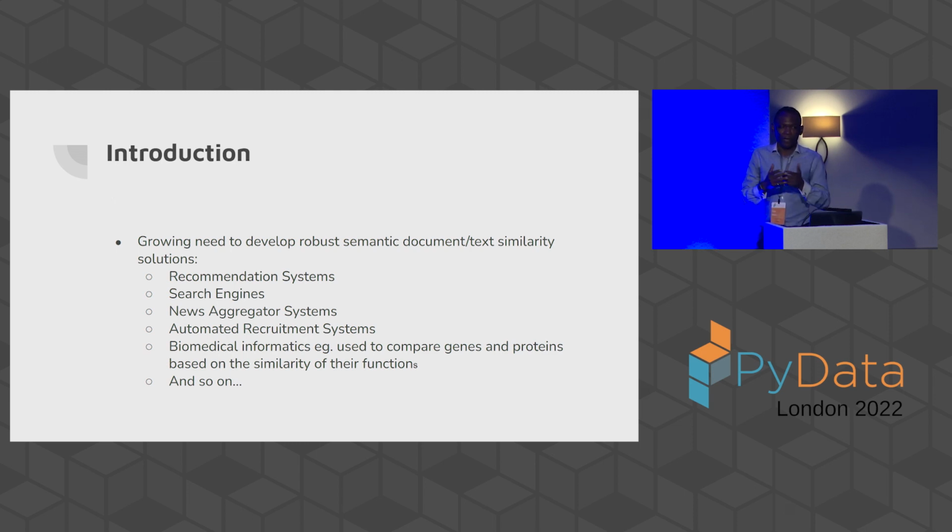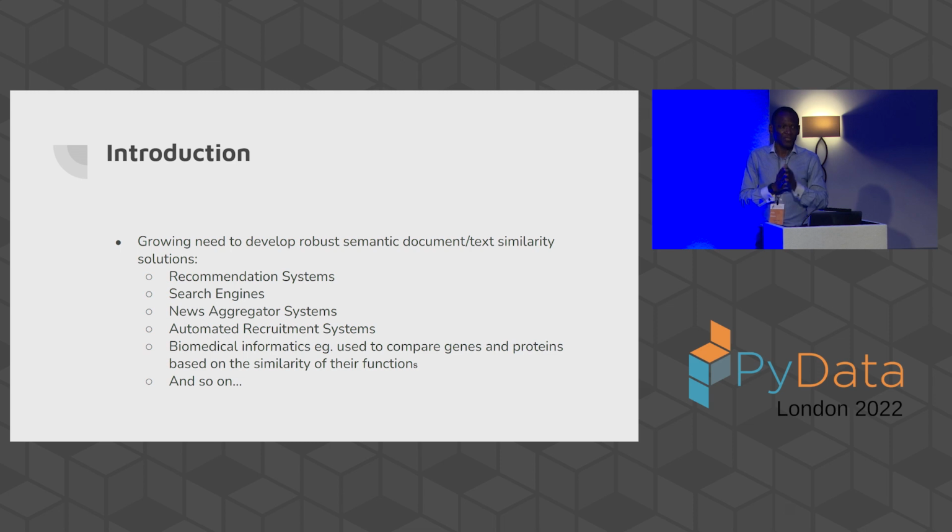As we all know, being able to compare text is critical and is growing. NLP is growing exponentially because a lot of our data is in textual form. Typical areas where this is used are recommendation systems.